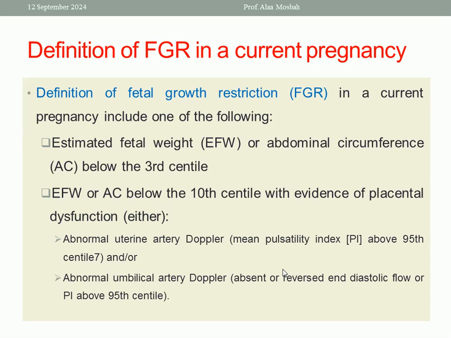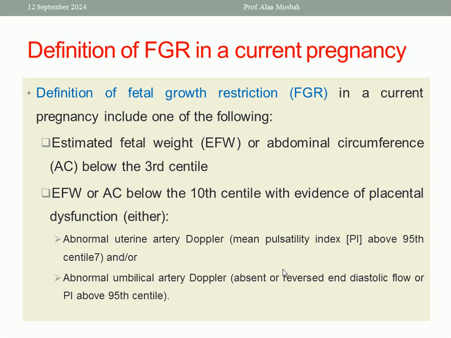Okay, so if I say below the 10th centile, this is just small for gestational age, but I cannot say fetal growth restriction. But if I add expected fetal weight or abdominal circumference below the 10th centile, and an abnormal uterine artery Doppler or abnormal umbilical artery Doppler, this is fetal growth restriction.